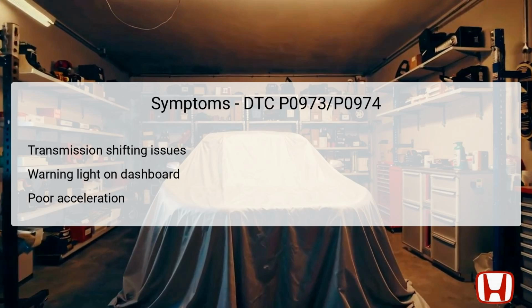Often, the vehicle's warning light may illuminate on the dashboard, alerting the driver to a system fault that requires attention. Additionally, poor acceleration may occur, hindering the vehicle's ability to respond effectively when pressing the accelerator. These symptoms can result in an uncomfortable driving experience and potentially lead to further complications if left unaddressed.